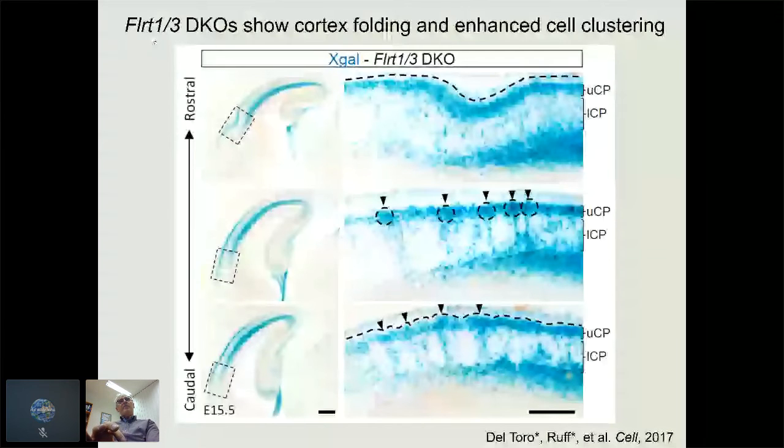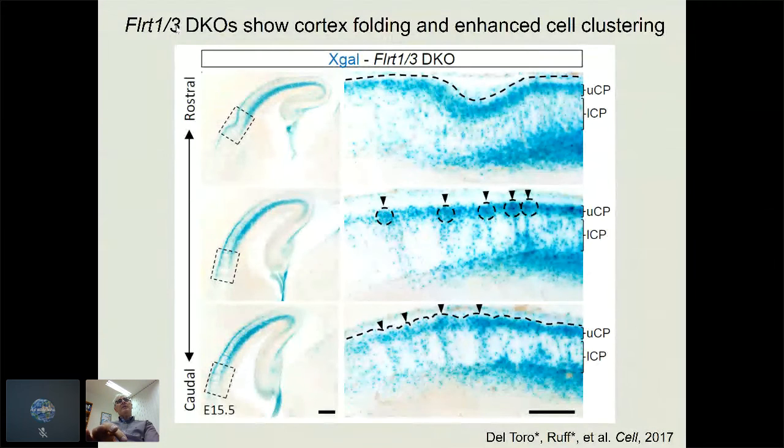So he generated a FLRT1, FLRT3 double knockout. In this case, FLRT3 is removed conditionally using the Nestin-Cre, and FLRT1 is a full knockout. FLRT1 single knockouts are viable, while the FLRT3 full knockouts are embryonic lethal. So this is sort of a combination of FLRT1 null, FLRT3 conditional.